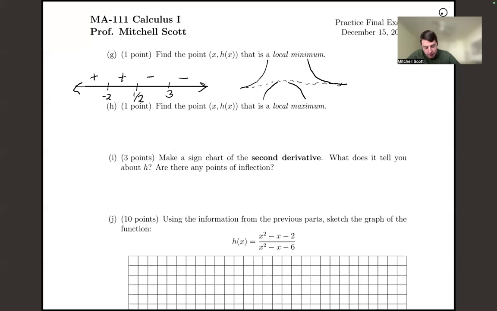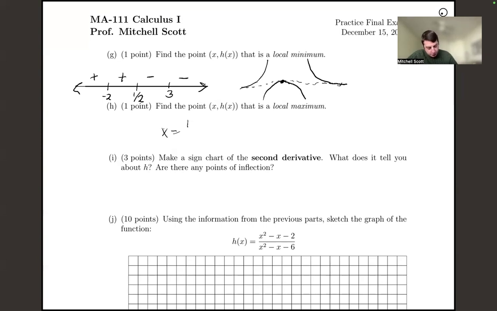Excuse my poor drawing. But we know that whatever this is going to be much, much smaller. This goes to negative infinity and this goes to negative infinity. So there's no local minimum. There is a local maximum, however, at 1/2, because as I was drawing, it goes from positive to negative, which tells us that there's a local maximum there.